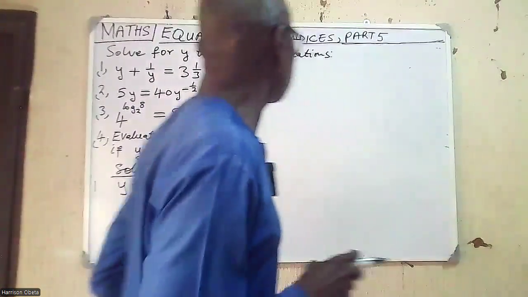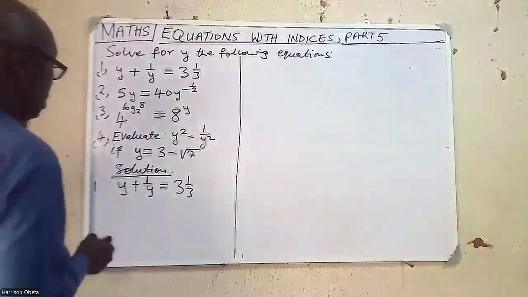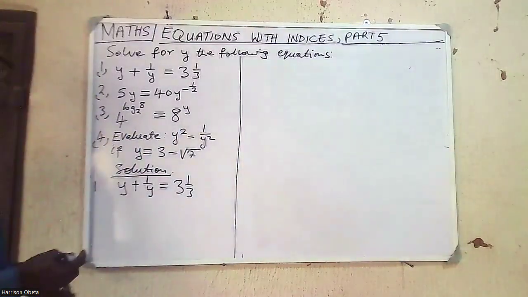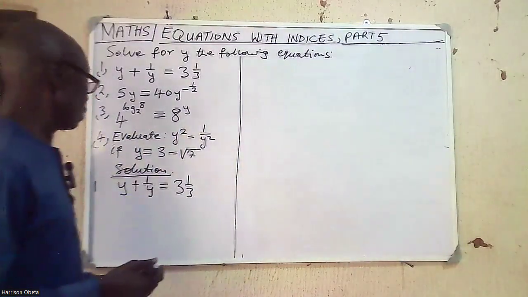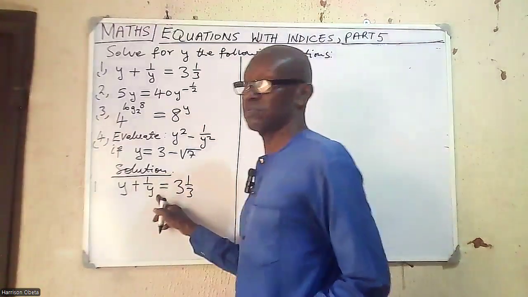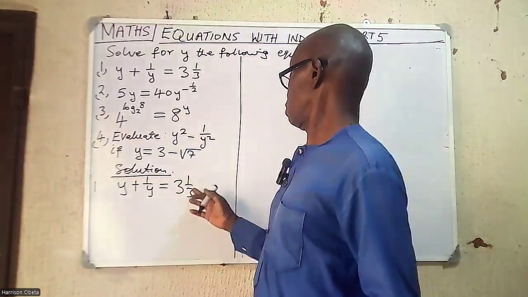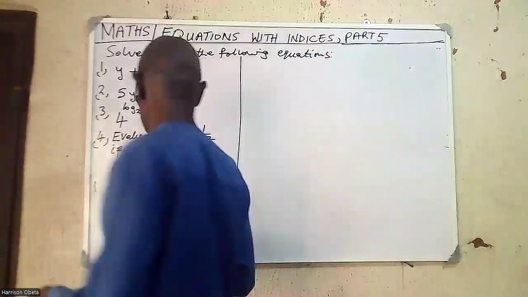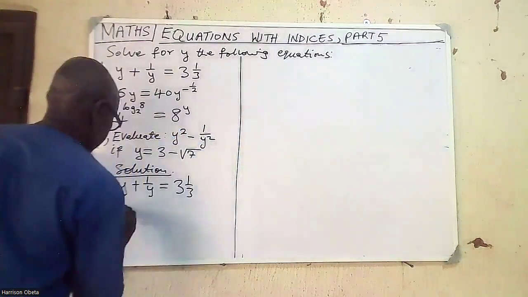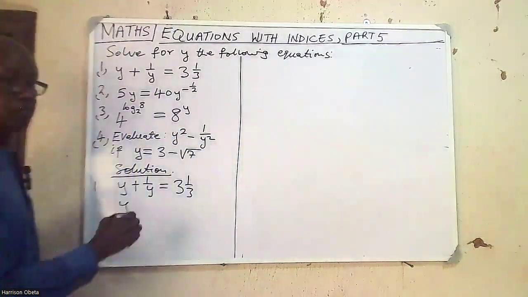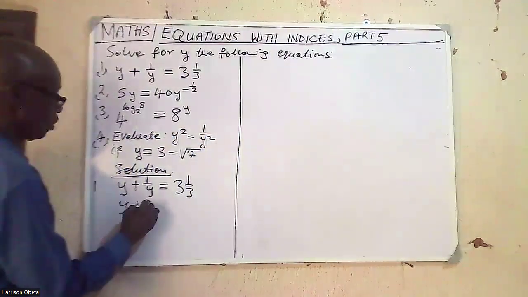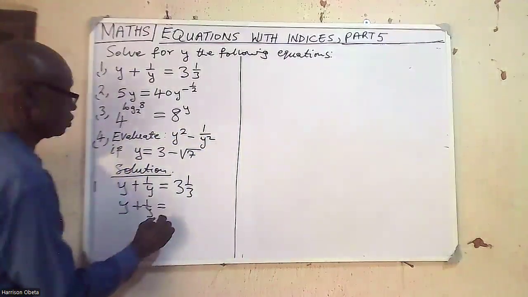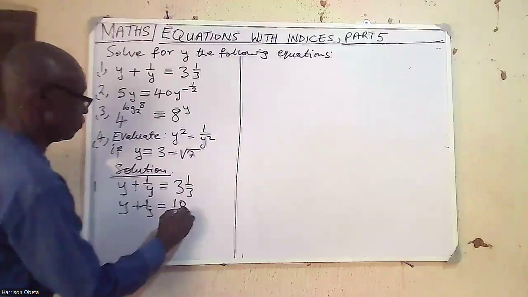In order to continue, we have to multiply through by y to remove this fraction. And also, we'll put this in fractional form. So we can have y plus 1 over y is equal to 10 over 3.